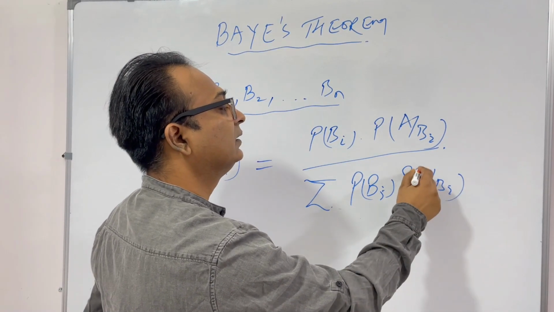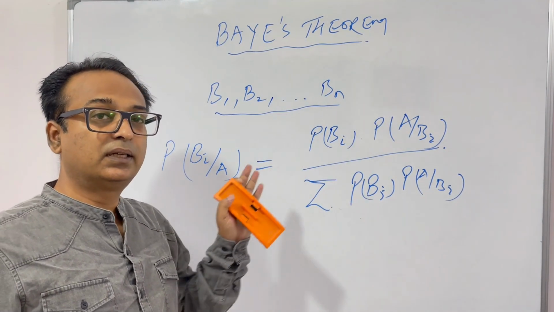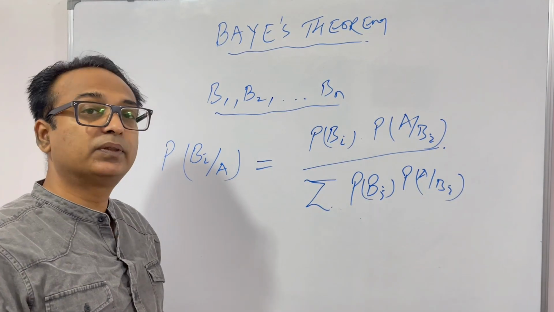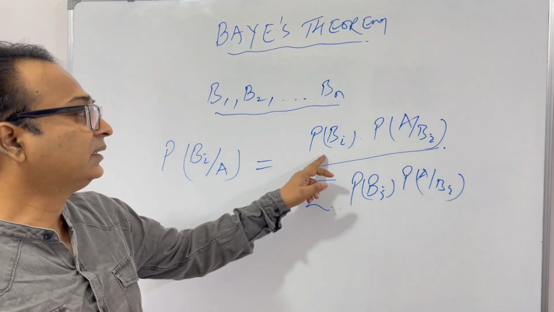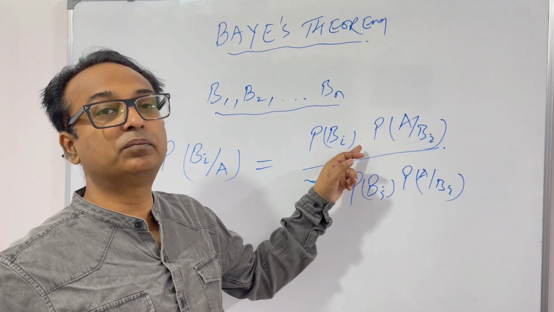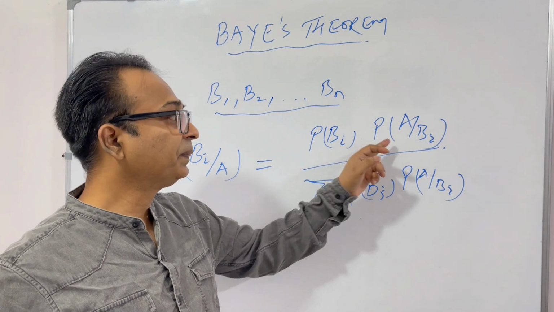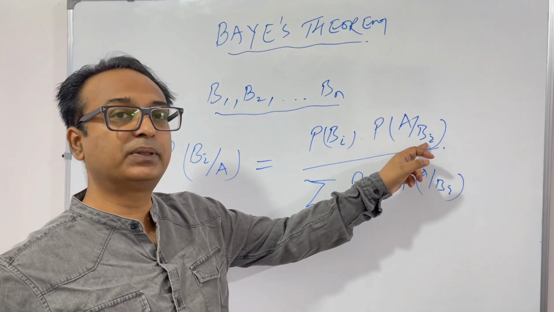That is, as I gave you an example, there are 3 machines producing a certain percentage of the total output, and the defect percent is also there. This is the probability that a particular machine has produced it. This is the probability of getting a defect from that machine.